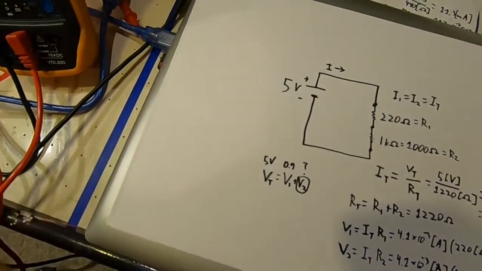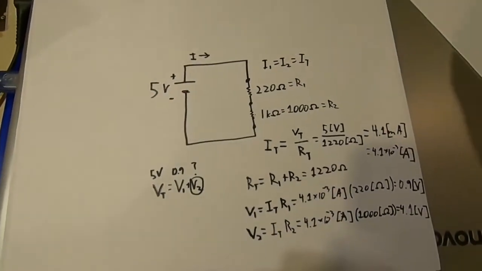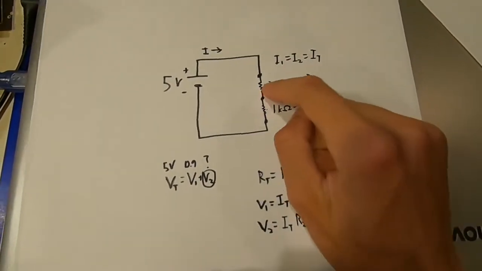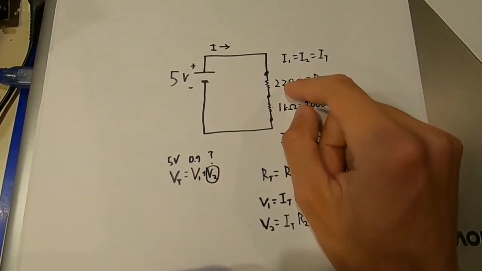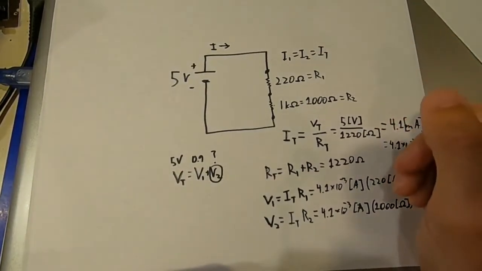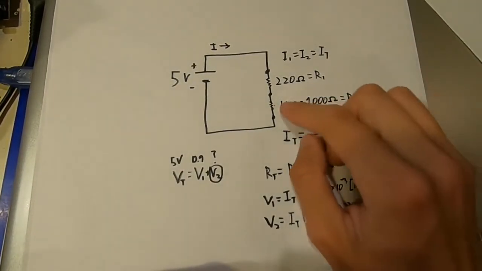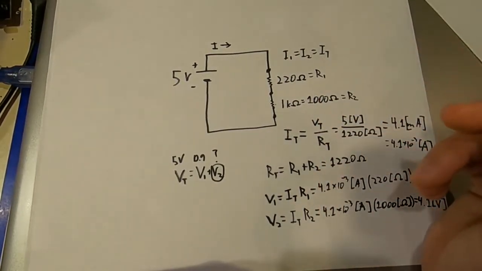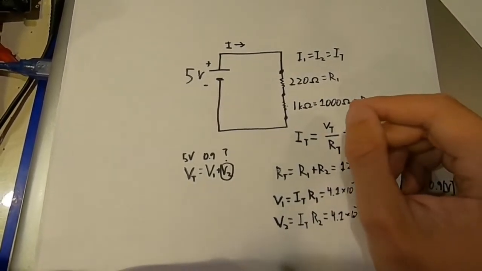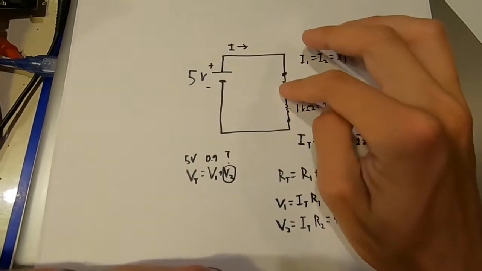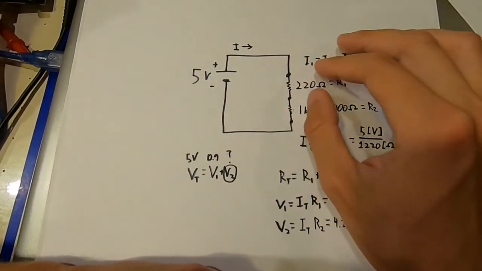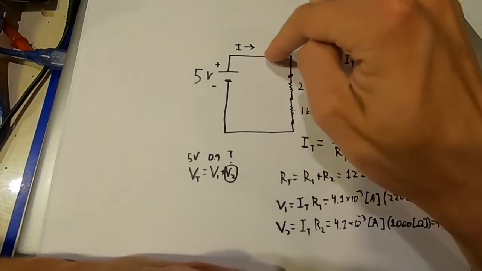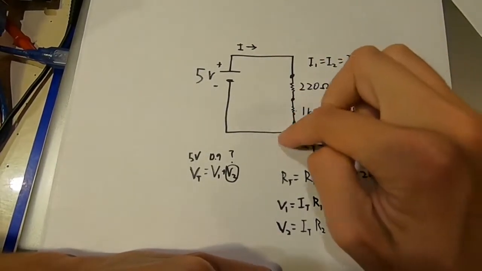So we go back to our diagram here. 220 ohms is a lower impedance to electricity, not a whole lot of resistance. 1,000 ohms is obviously more. So all of this resistance is going to add up to each other, since the current can only go through this channel here.